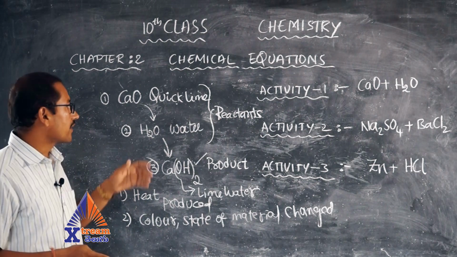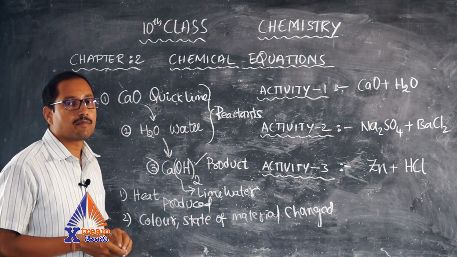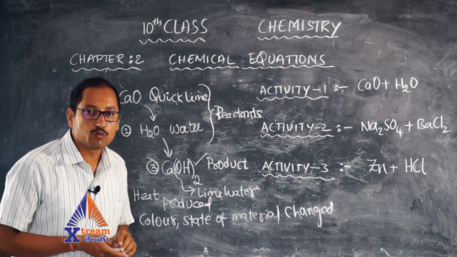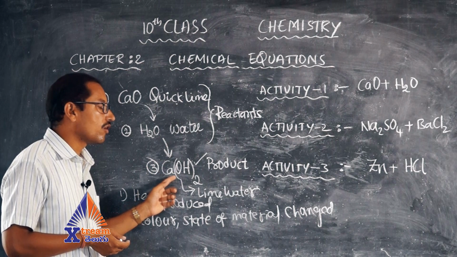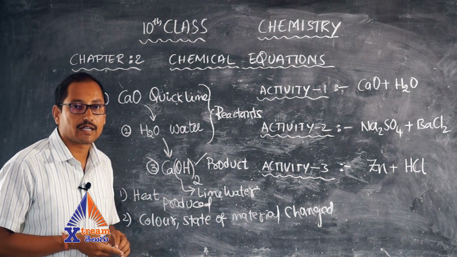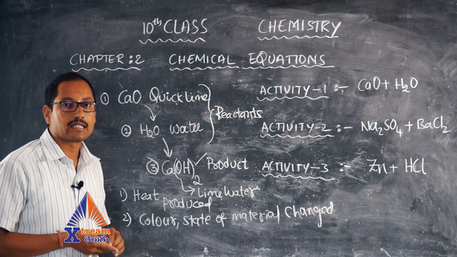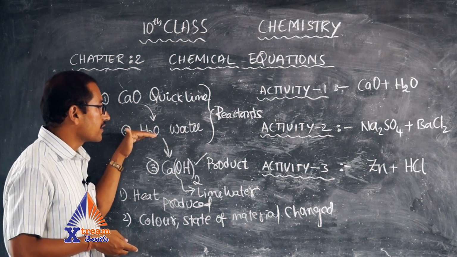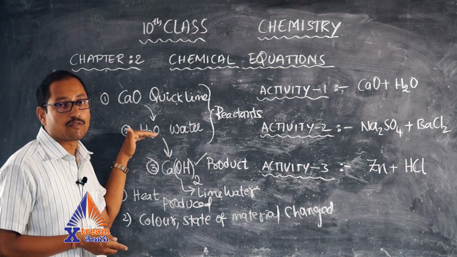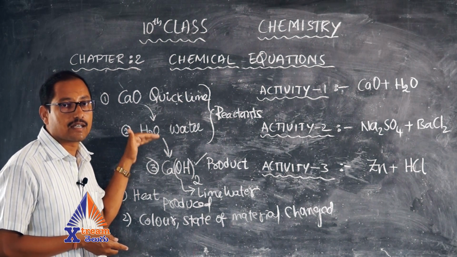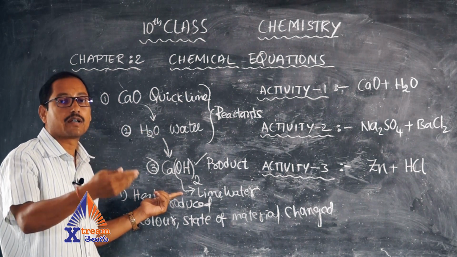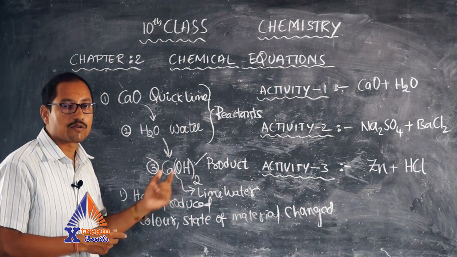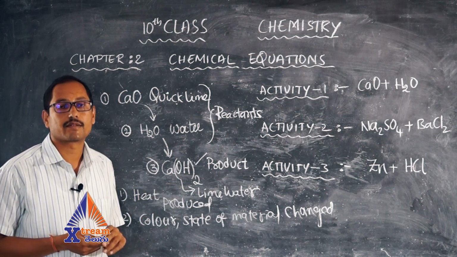Here you can see the chemical formula of quicklime is CaO. The chemical formula of water is H2O. The chemical formula of calcium hydroxide, lime water, is Ca(OH)2. So different materials with different chemical formulae intermix and produce one more different chemical with a different chemical formula, calcium hydroxide, Ca(OH)2.